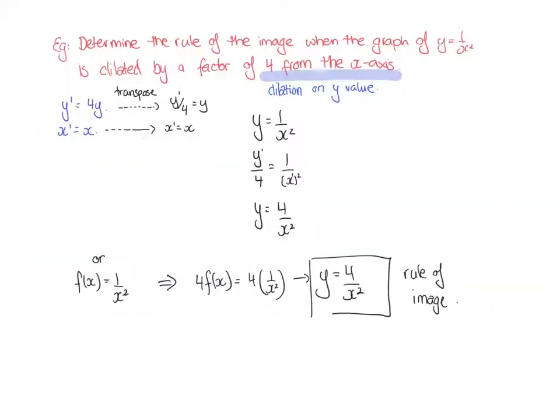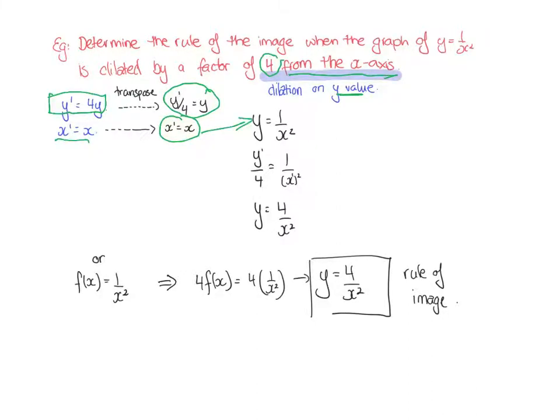Here we've done another example. Determine the rule for the image when the original graph y equals 1 over x squared is dilated by a factor of 4. From the x-axis means there's a dilation on the y value, so we've written that here. The image y is 4 times the original and the x is the same. Now we rearranged it to get the normal y by itself, so that we could put them in there.